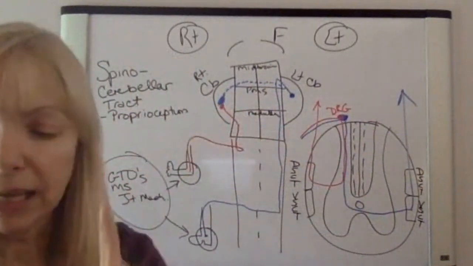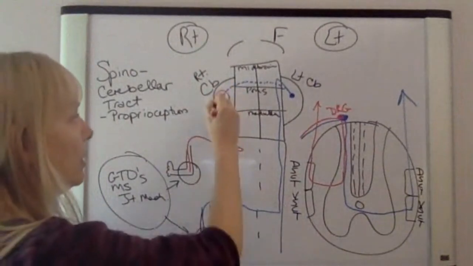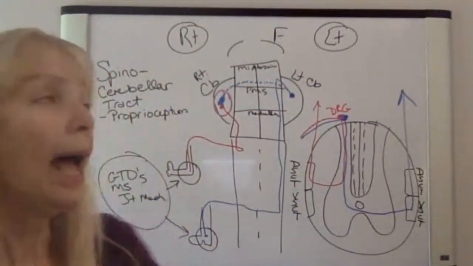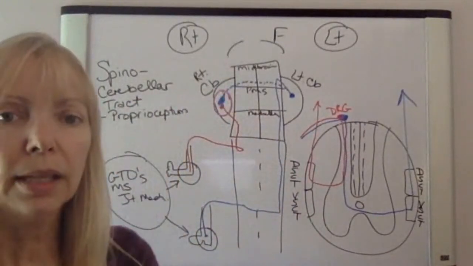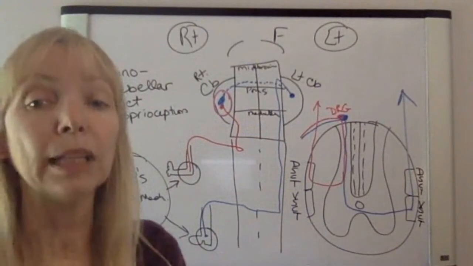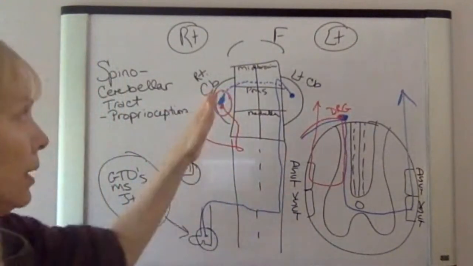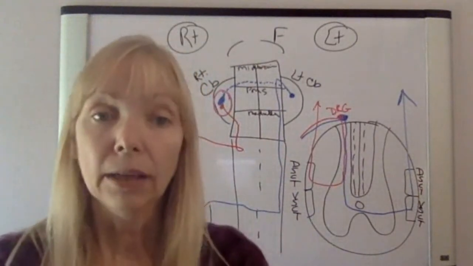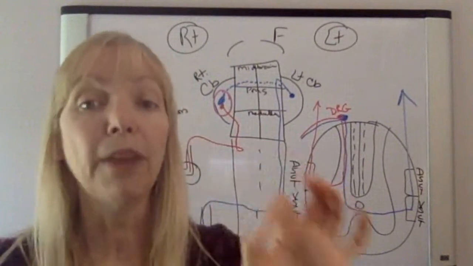So ultimately, look at this. Ultimately, we talk about the spinocerebellar tract, whether it's ventral or dorsal, as creating ipsilateral stimulation, because ultimately that's where it all ends up. Okay? Ipsilaterally. Now, again, we're done with spinocerebellar tract, but we're not done with its effects.